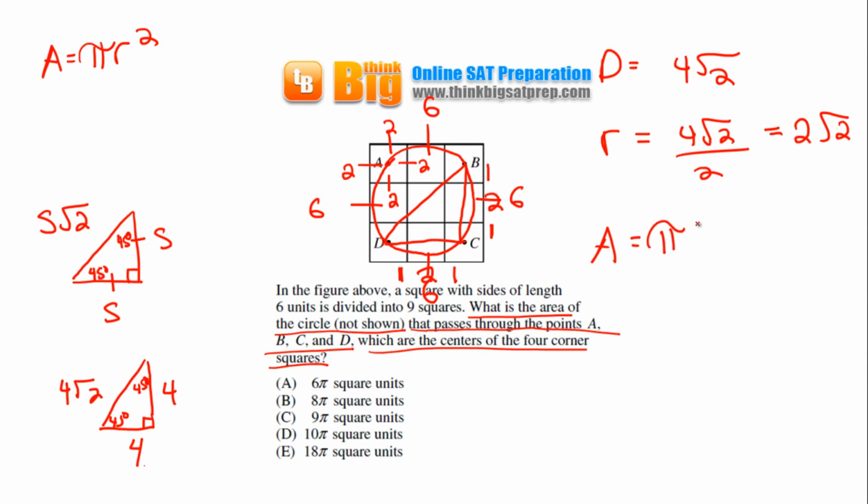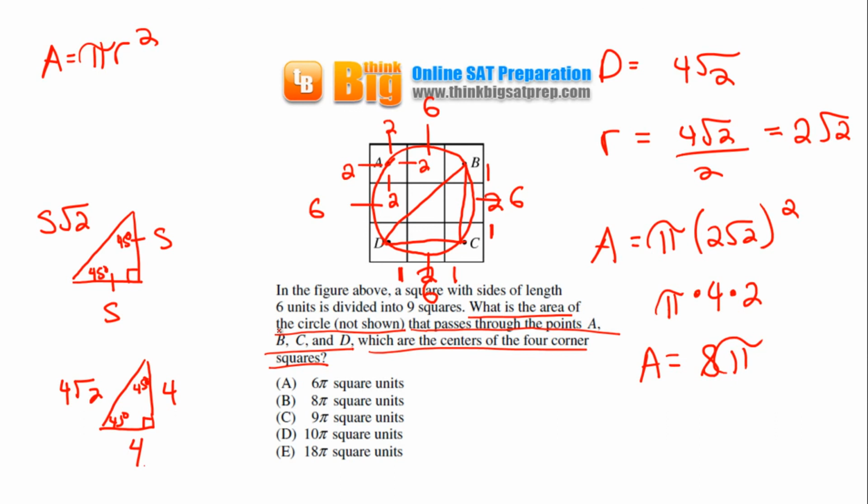Pi times 2 root 2 squared. 2 squared is 4. Root 2 squared, or root 2 times root 2, is 2. Copy down the pi. Pi times 4 times 2. The area of this circle is 8 pi.